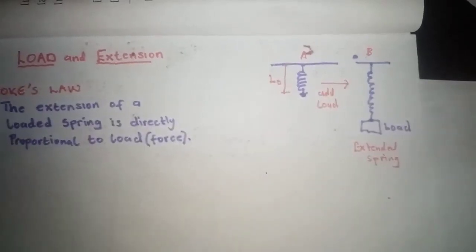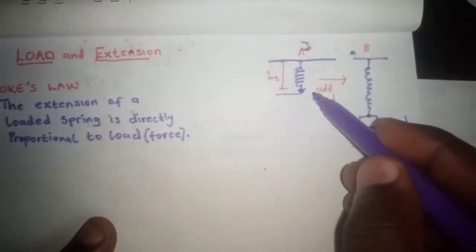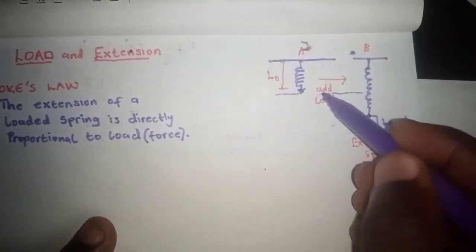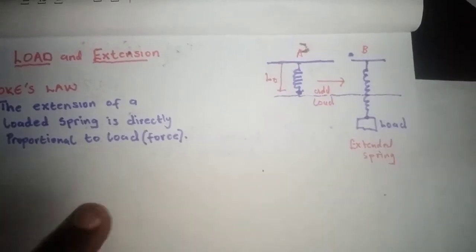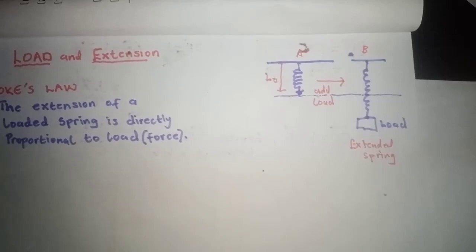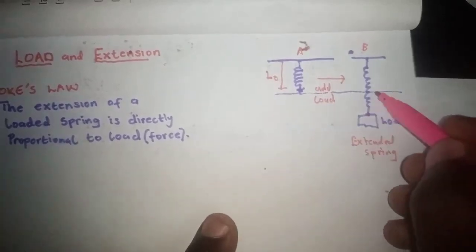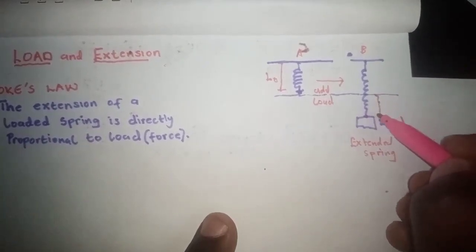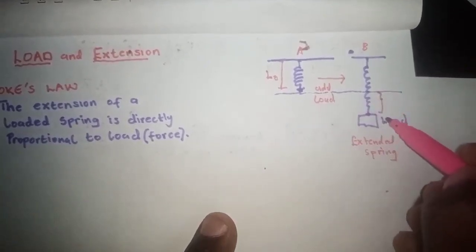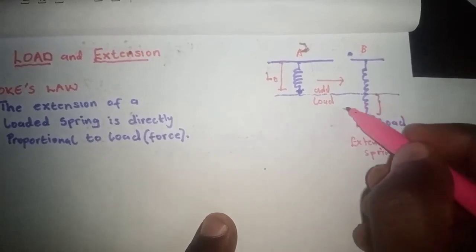Now the original length was here. This is where the original length was for the spring. So what has been added? The spring has become longer. It has extended. This added length here is what we call the extension.